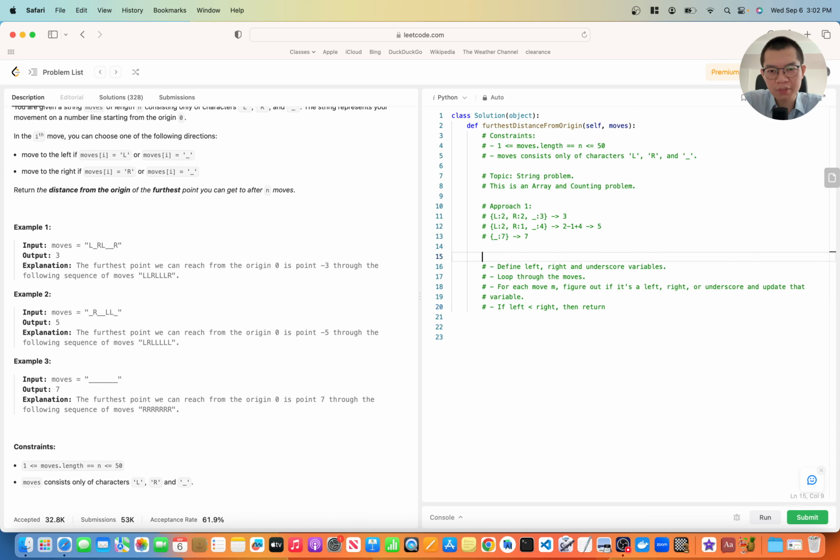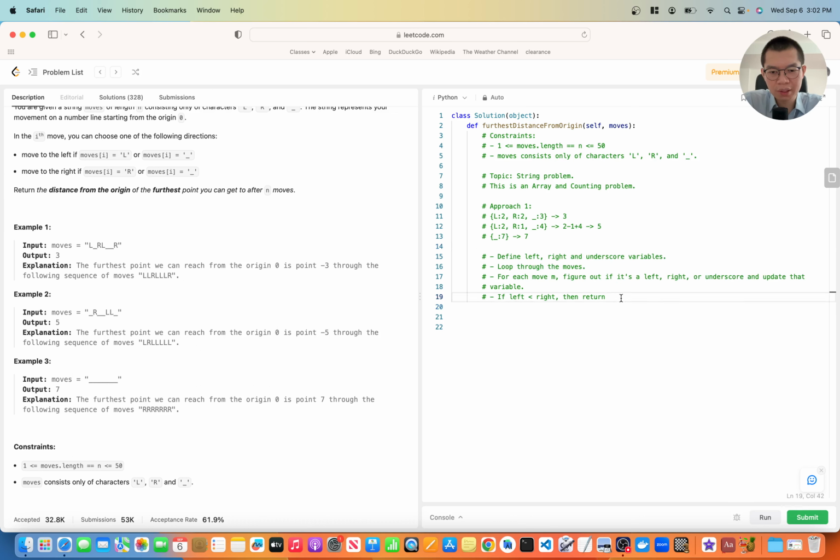I'm not sure if I even need it. Then return left minus right plus underscore, else if right is greater than left, right? No. Left is greater than right.